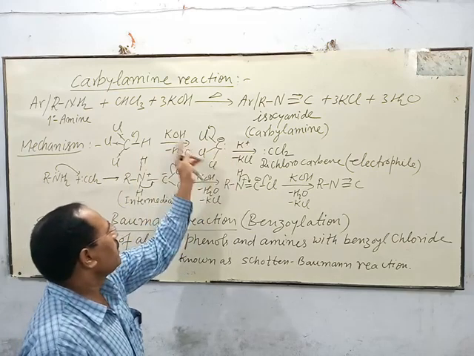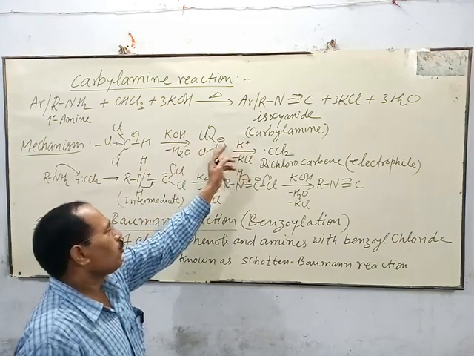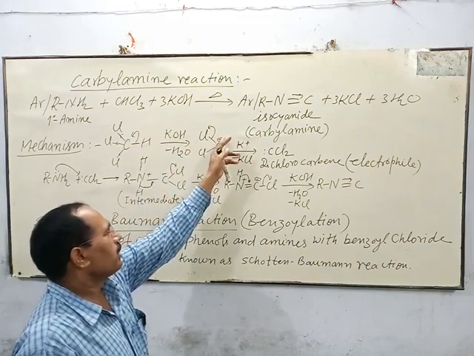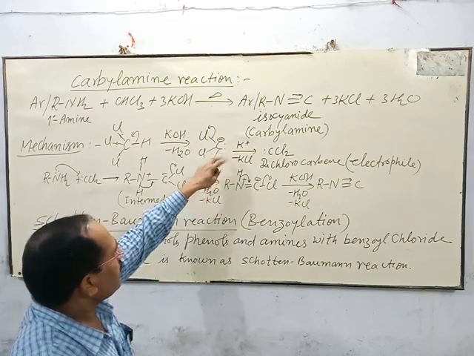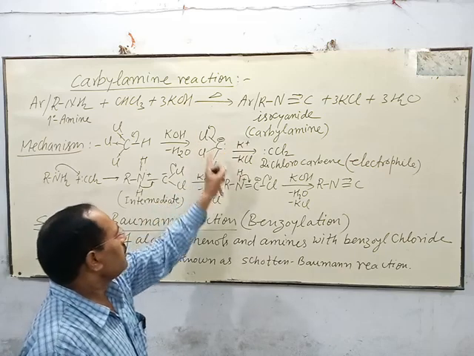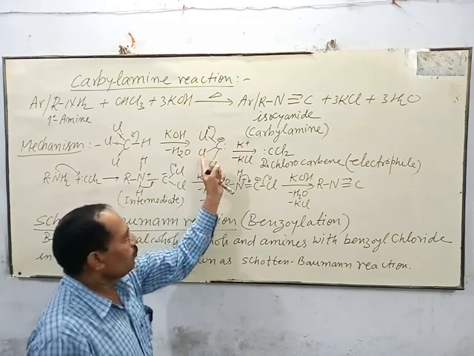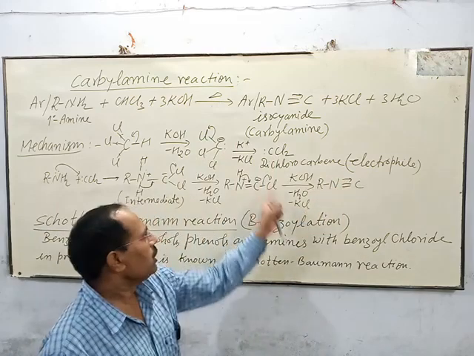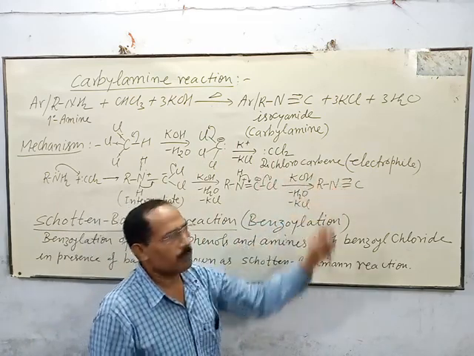This anion reacts with the potassium ion from KOH, and KCl is removed, which leads to the formation of an electrophile known as dichlorocarbene.